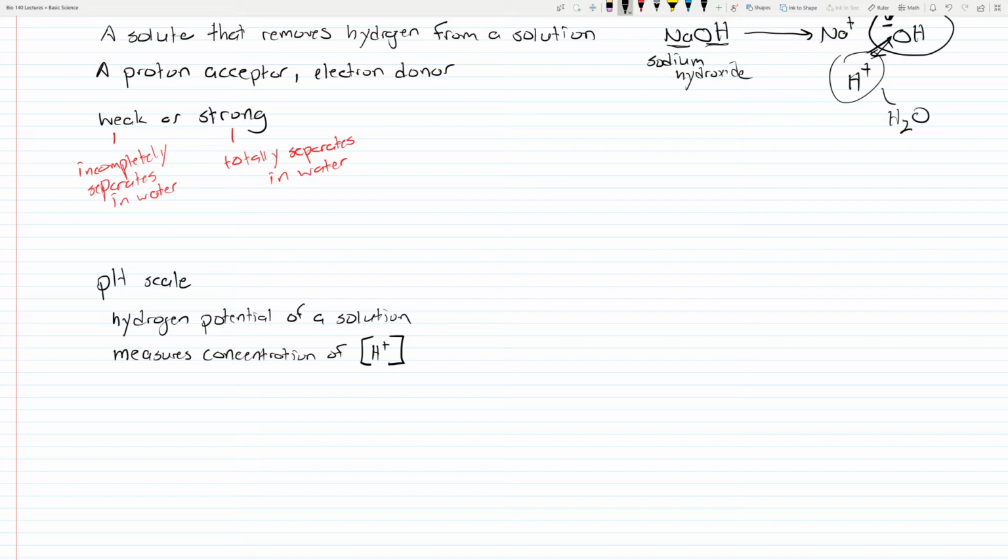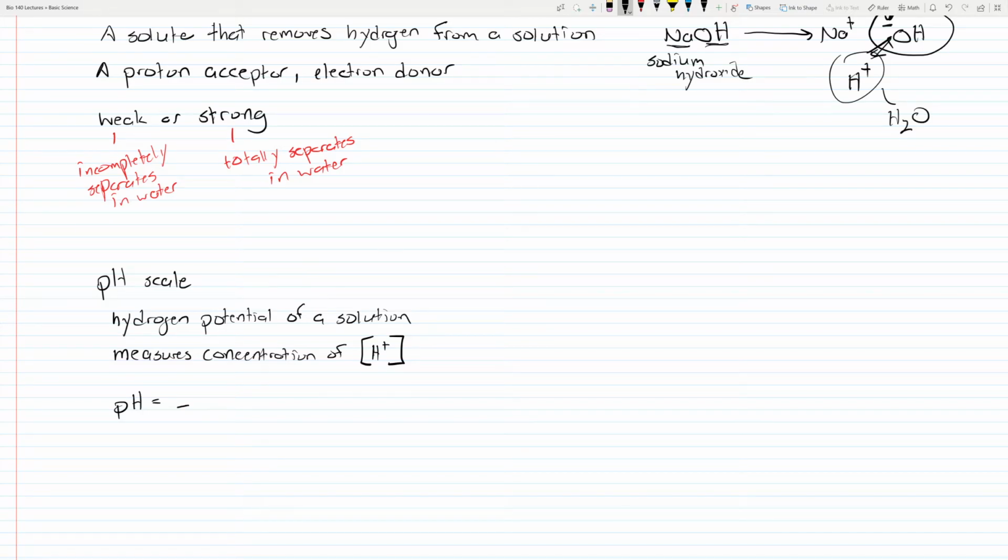When you put something in brackets, that means the concentration of whatever is in the brackets. So inside the brackets means the hydrogen concentration. Now, how do you calculate it? I'm not going to make you actually do math. I'm going to make sure that you understand the concepts.